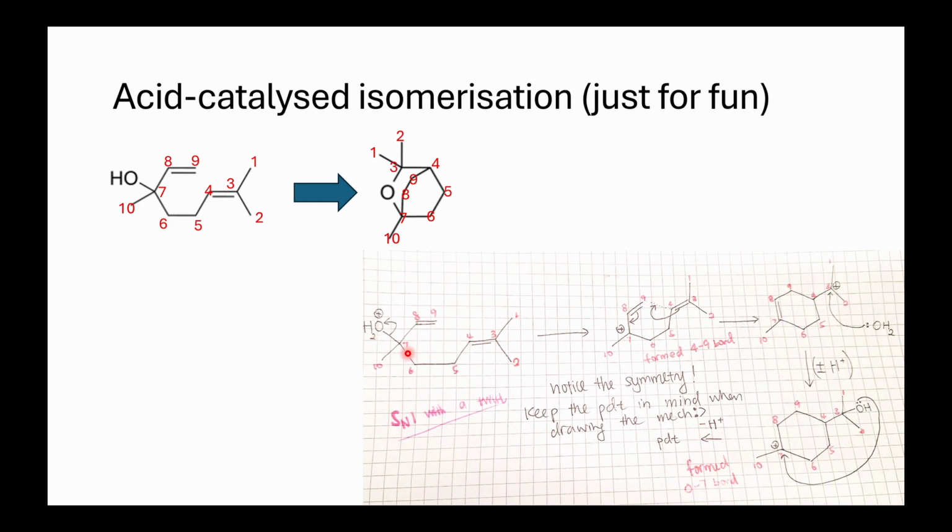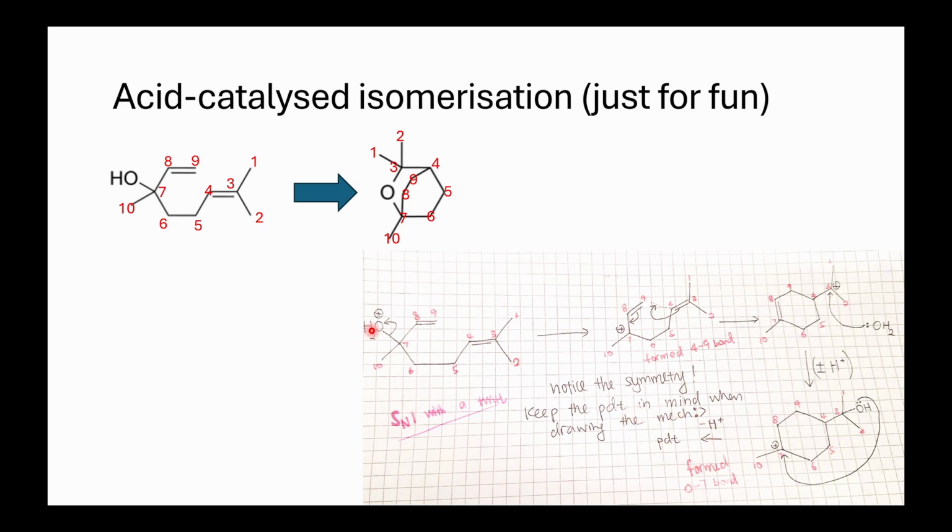So we can see that in the first step, from this structure to this, we gain the hydrogen, and in the last step, we lost the hydrogen. So this is acid catalyzed. Oh yeah, I should mention it's a hydrogen ion, sorry, not the hydrogen gas.